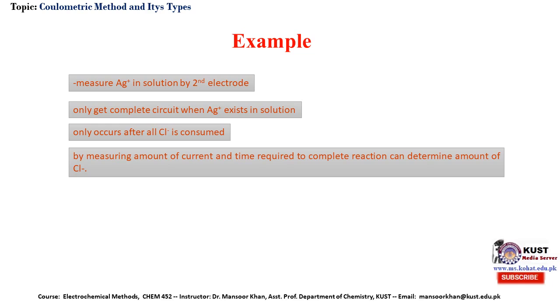The amount of Ag consumed is the basis for the amount of chloride present in the analyte. When the current is stopped, it means the whole chloride has been converted into AgCl. From the amount of Ag, we can convert to the amount of current, from where we can determine the concentration of chloride present in the solution.